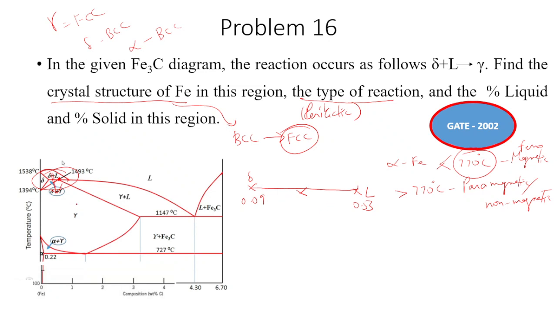And in the middle, it is 0.17. So with this, how can we determine the percentage of liquid and percentage of solid?